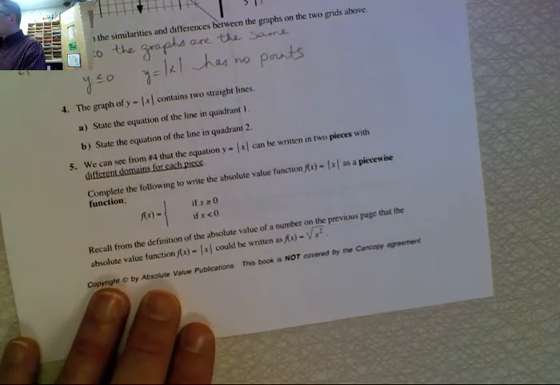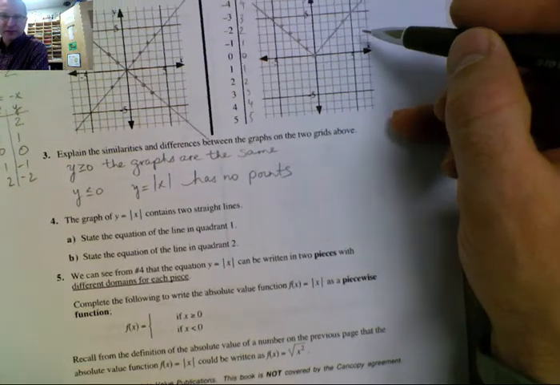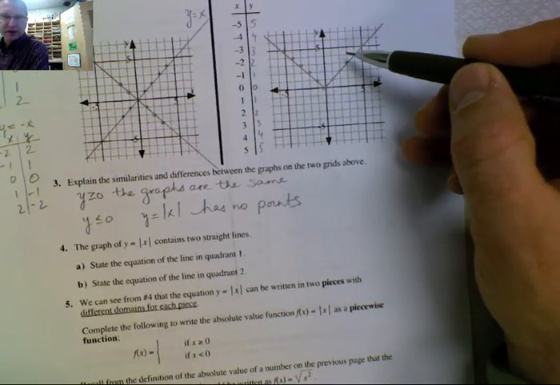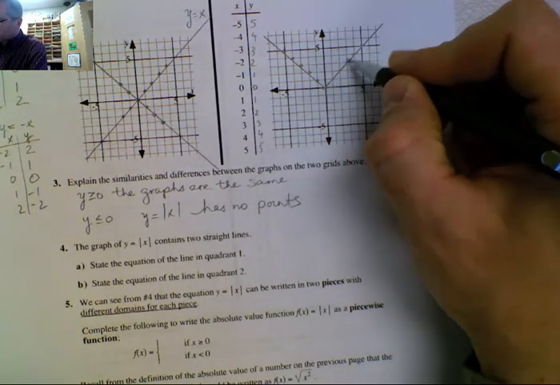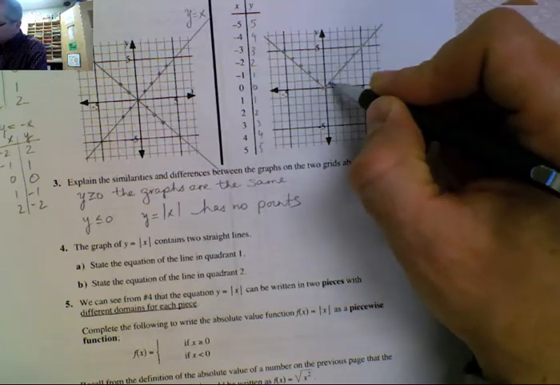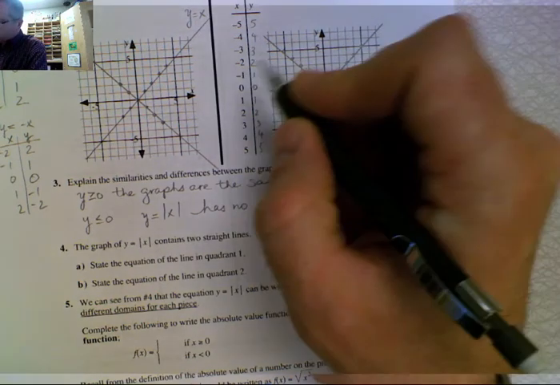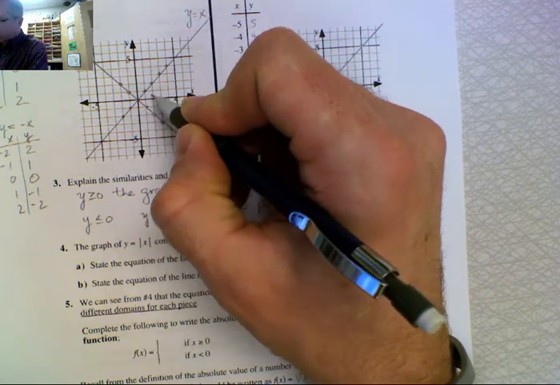Now, the next thing it wants us to look at is the graph of y equals the absolute value of x, and it wants us to state the equation of the line in quadrant 1. Quadrant 1 is the upper right corner. This line here is exactly the same as the same line in the left-hand graph.